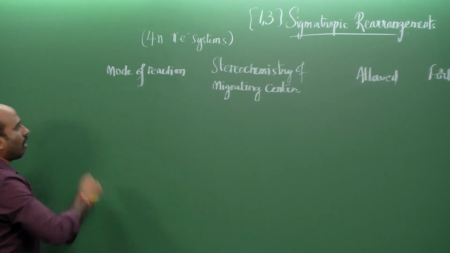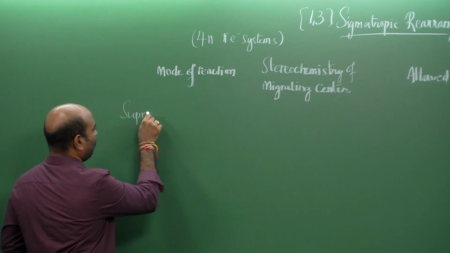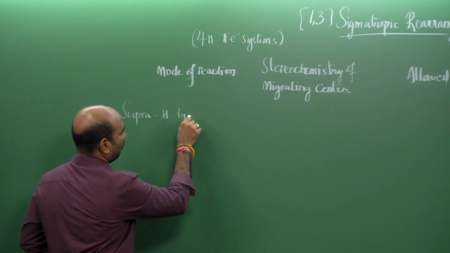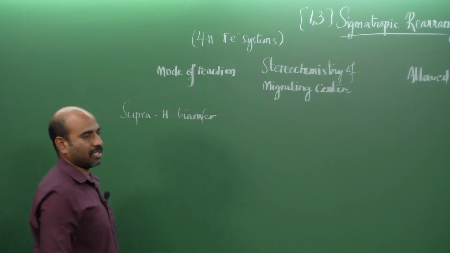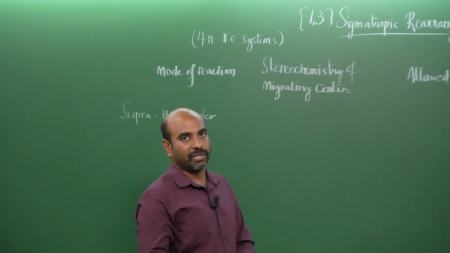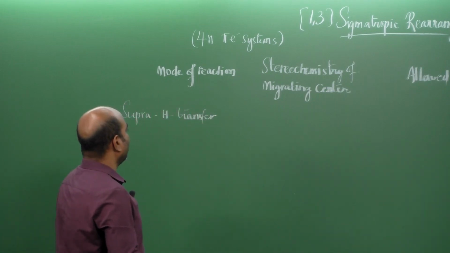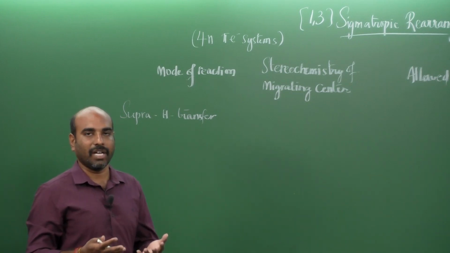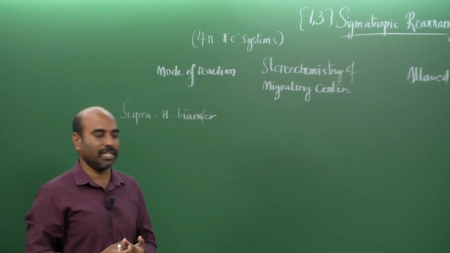So if we are talking about the suprafacial mode of hydrogen transfer or hydrogen migration, as it is hydrogen, you need not worry about the stereochemistry because the migrating center is not going to attract any stereochemistry involved in it, right?